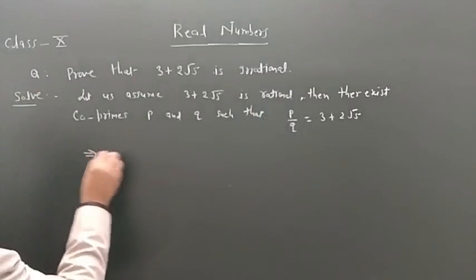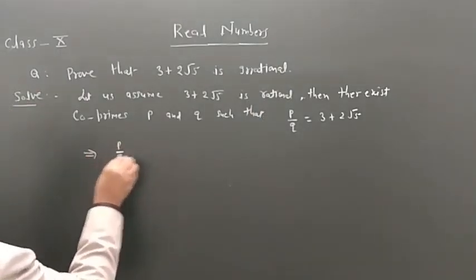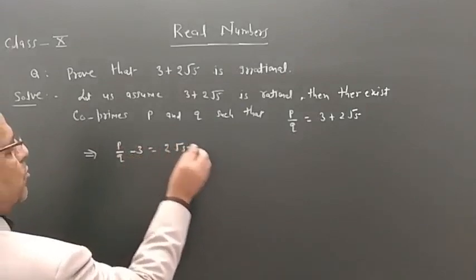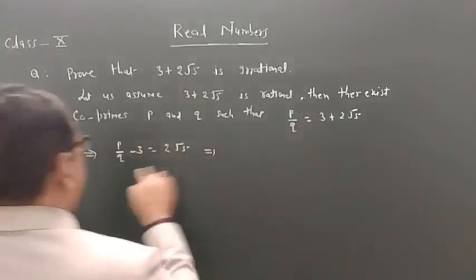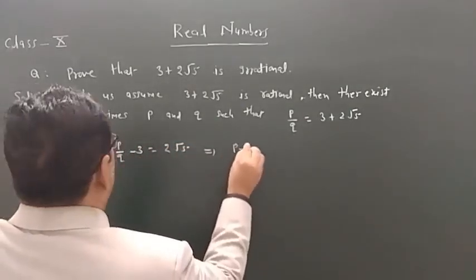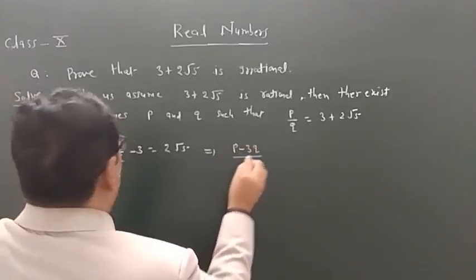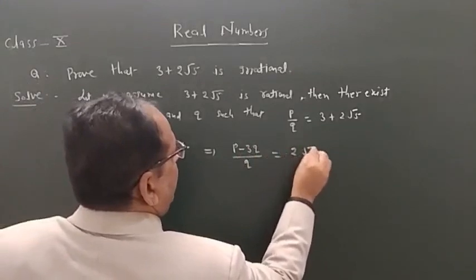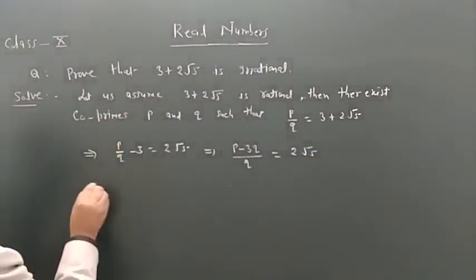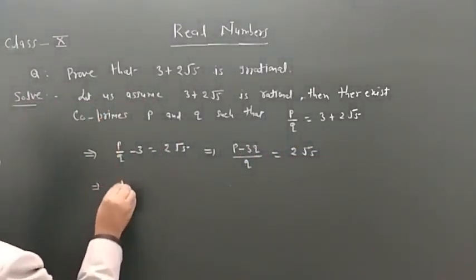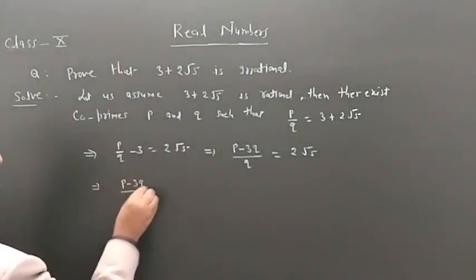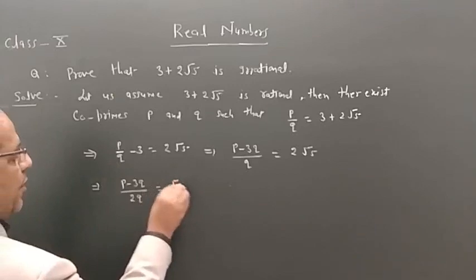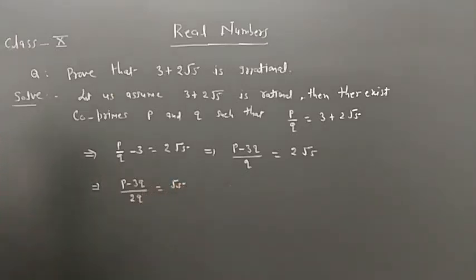This can be written as p upon q minus 3 equal to 2 root 5. Take LCM on the left hand side, so we have (p minus 3q) upon q equal to 2 root 5. In the next step we have (p minus 3q) upon 2q equal to root 5.